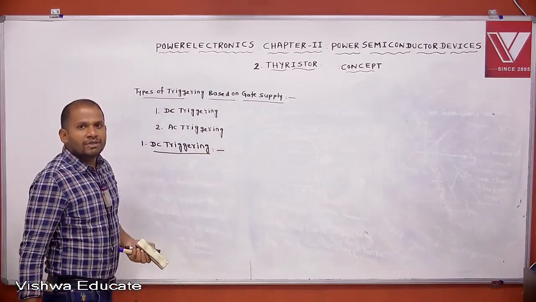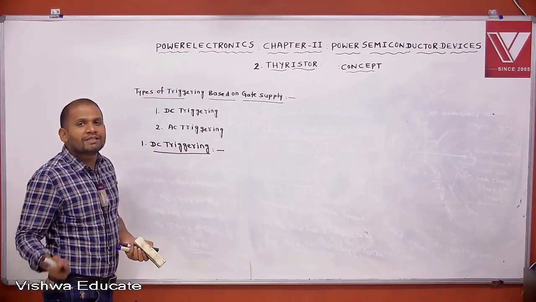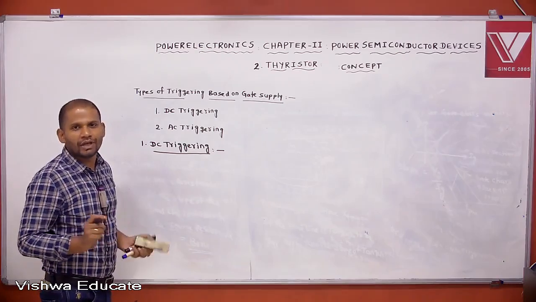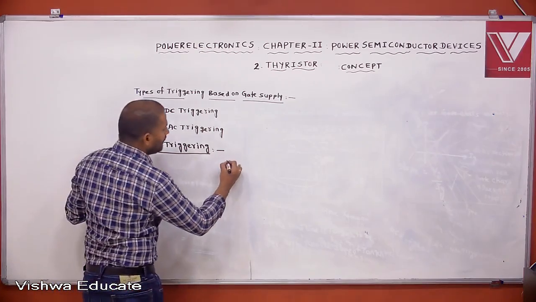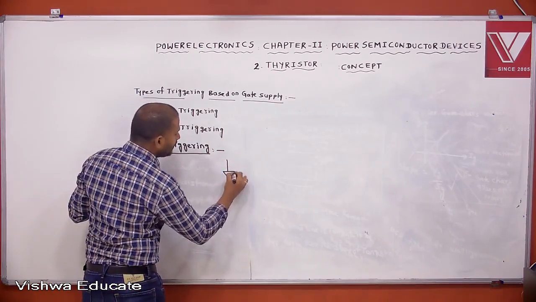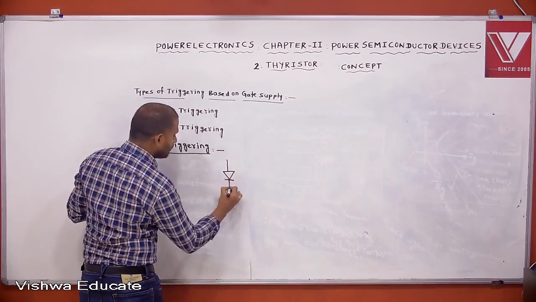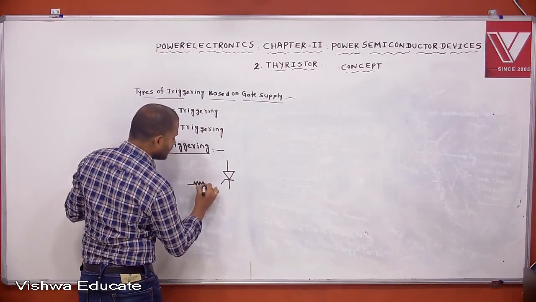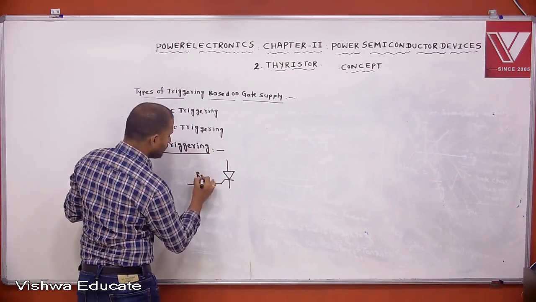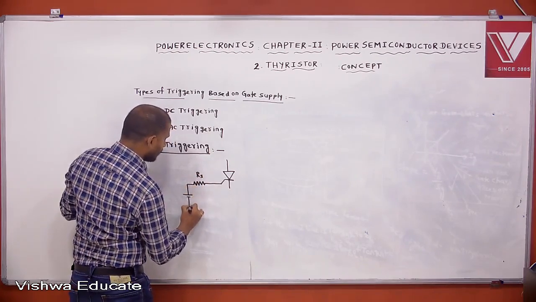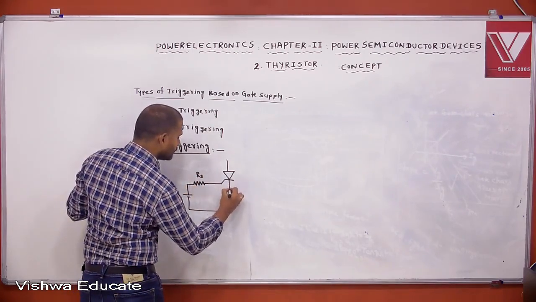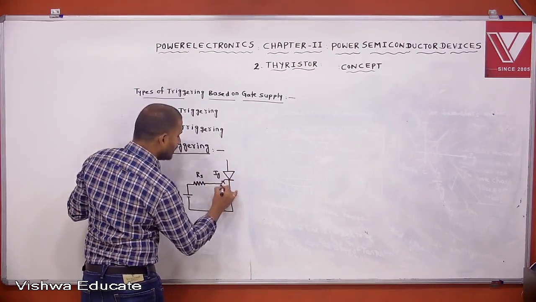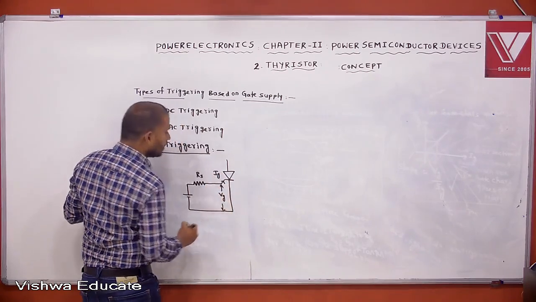DC triggering means a continuous DC supply is connected across the gate cathode terminals. That means if it is a thyristor, this is the gate source resistance RS and this is VS, and this current is IG and this voltage is VG.